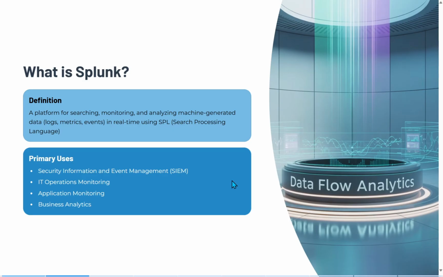The primary use of Splunk is as a SIEM platform, the security information and event management system. It is also used in IT operations monitoring, application monitoring, and business analytics.